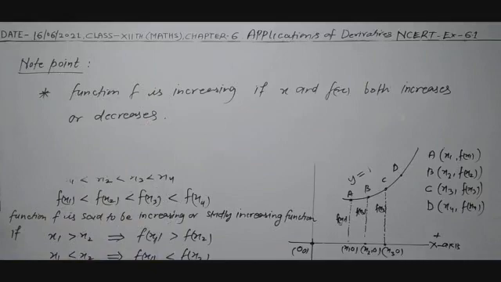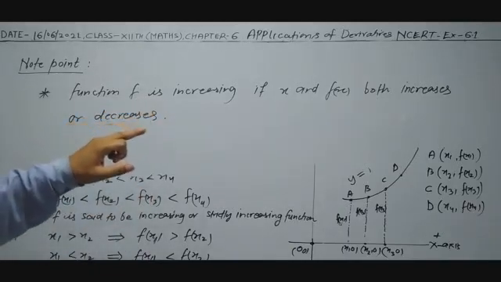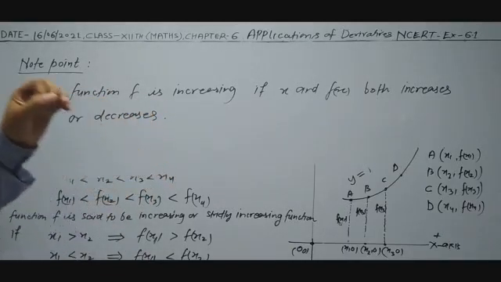This is the first point. With increasing values of x, f(x) will increase. With decreasing values of x, f(x) will decrease. Function f is increasing if x and f(x) both increase or both decrease.